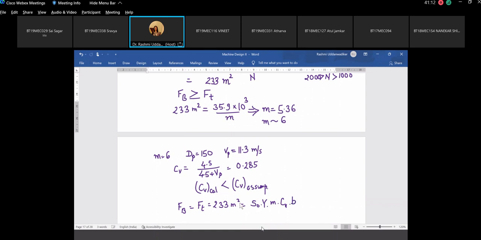Give me the value of B. Here we are going to check whether the value of B lies in the range of 8.5 M to 12 M. 5983 is FB.